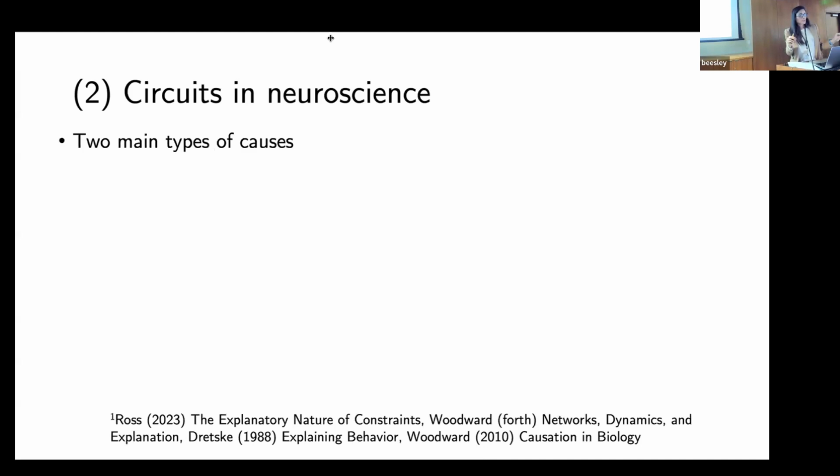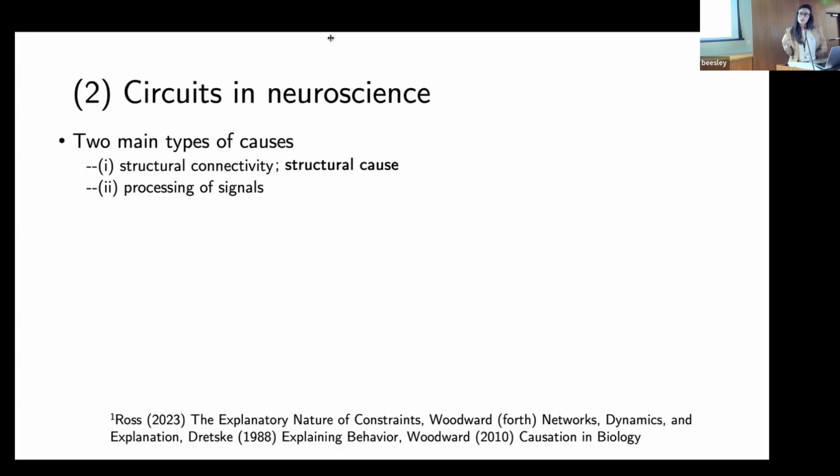What I'll do now is spend a little bit more time on these first two elements of the circuit concept, structural connectivity and the processing of signals. I think it makes sense to think of these as capturing distinct types of causes in these systems. Structural connectivity can be well understood as a kind of structural cause, also referred to as a causal constraint.